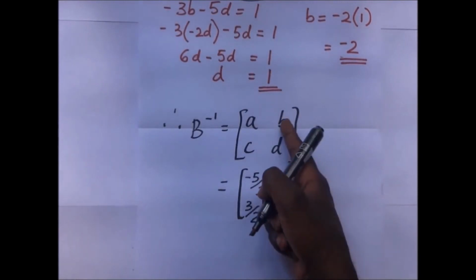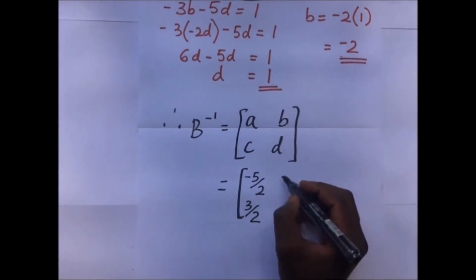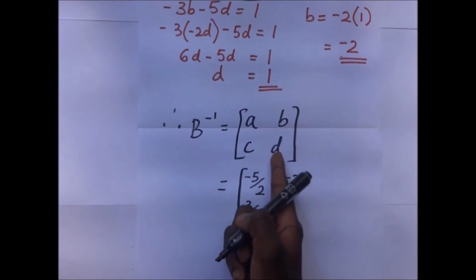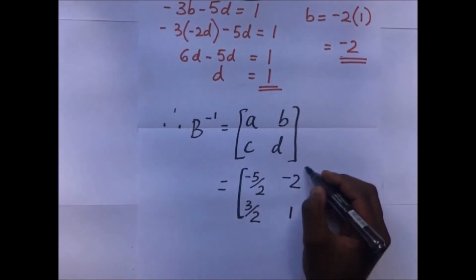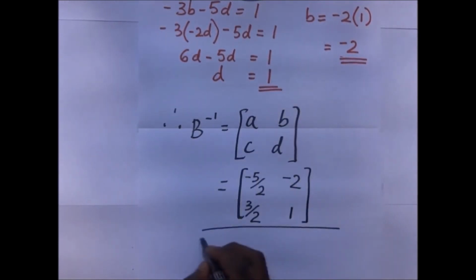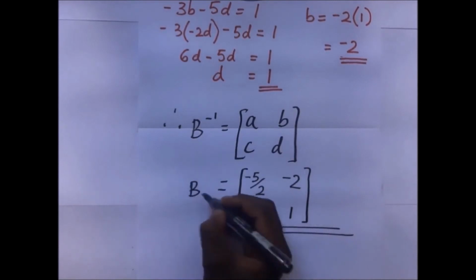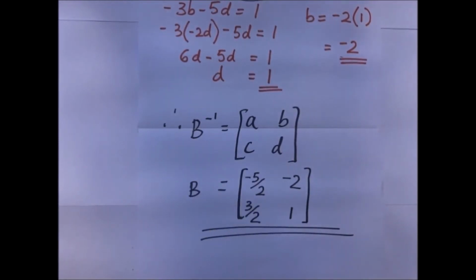Then our value of B is negative 2, and our value of D is 1, just like we did in our previous question. And that is our answer. That is how we find the inverse of a matrix using the identity method.